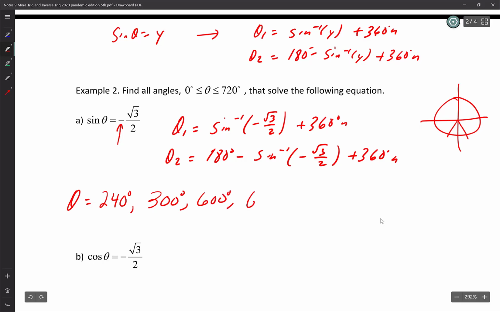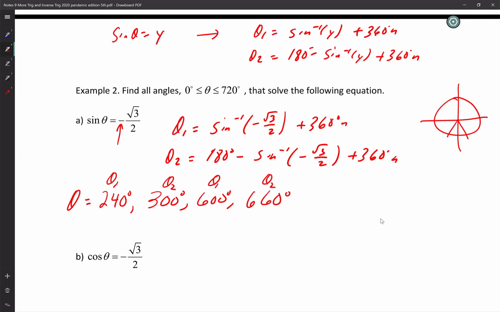And then finally it was 660? Yes. And was that it? Yes. All right. And then let me see if I remember correctly. Did we get the 300 from theta 2? Yes. And I think the 240 came from theta 1. And then this one came from theta 1 with the 240 plus 360. And then this one came from theta 2.